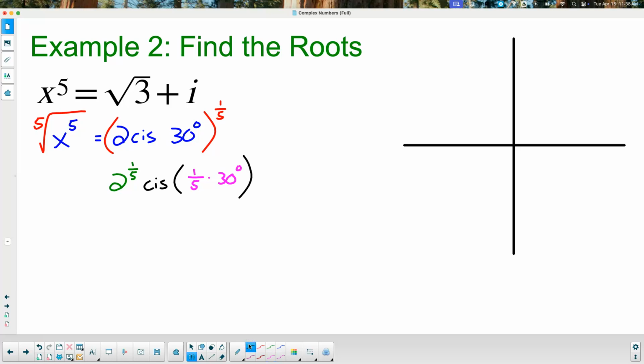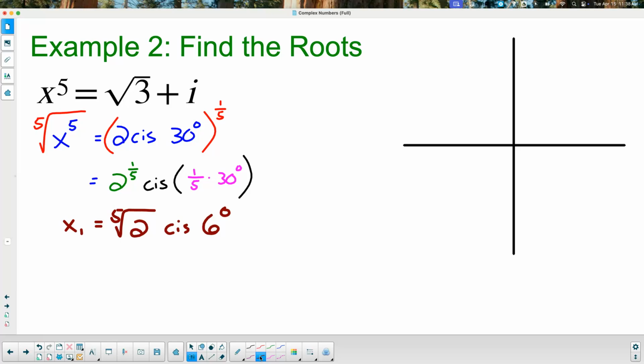How many answers do I need to have? I need 5 answers. My first one is going to be what? 5th root of 2 times cosine I sine of 6 degrees, right? That's my first one.